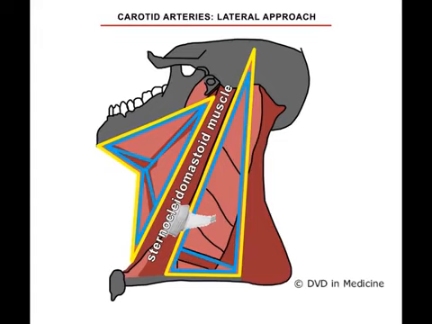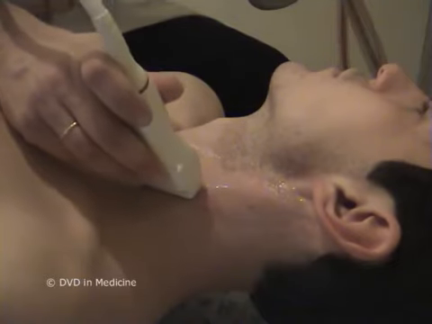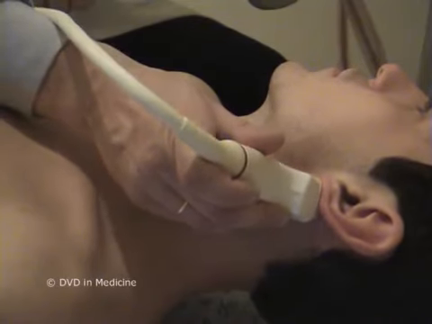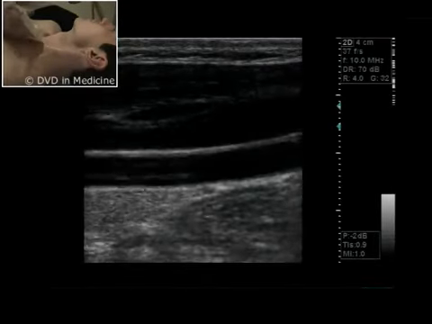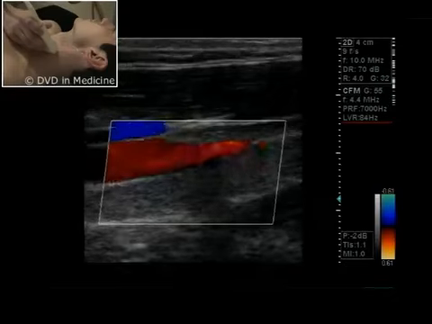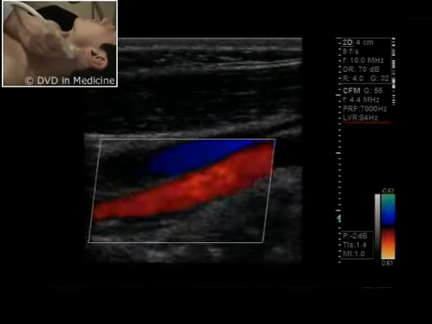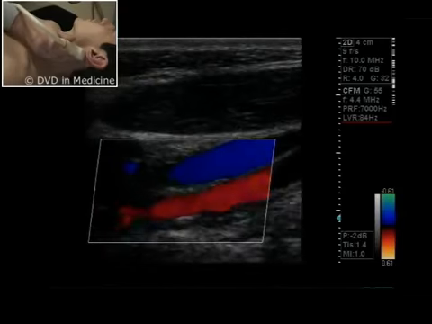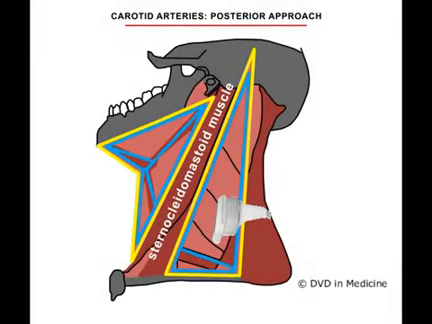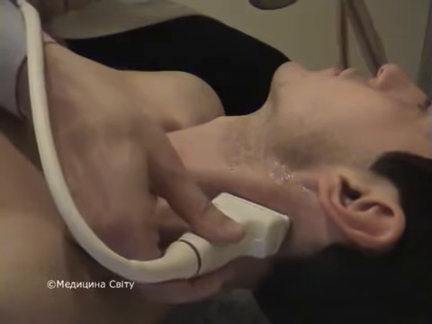Lateral approach. The posterior approach, which in most cases allows one to obtain the bifurcation and the origin of the internal and external carotid arteries on the same image.